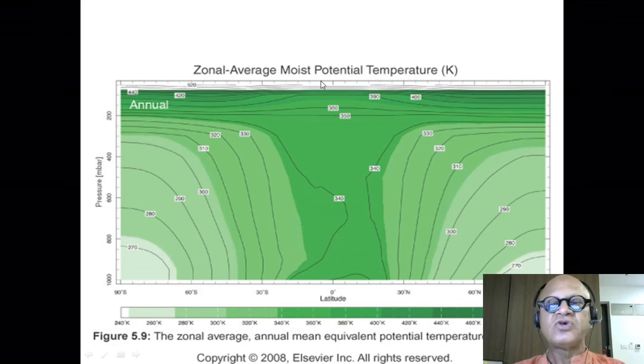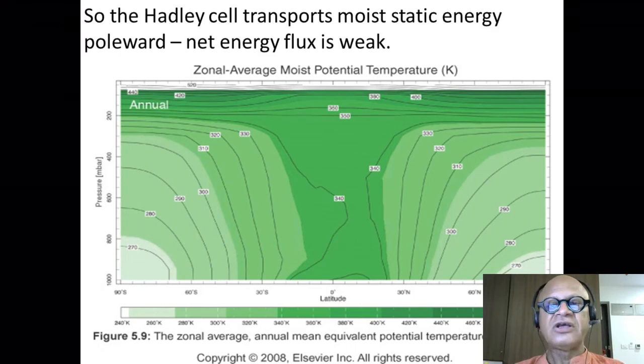So the zonal average moist potential temperature is fairly uniform in the vertical because of convection itself. Okay, so flat gradient up here and flat vertical gradient down here in the low latitudes.